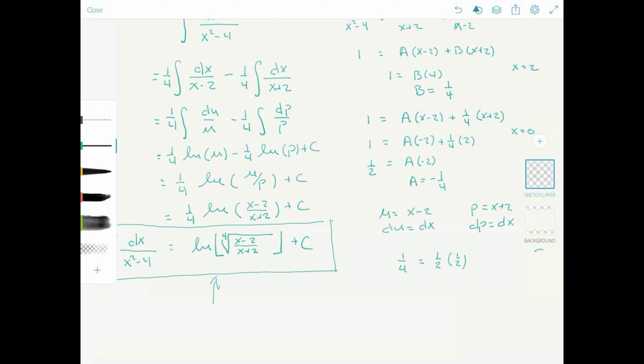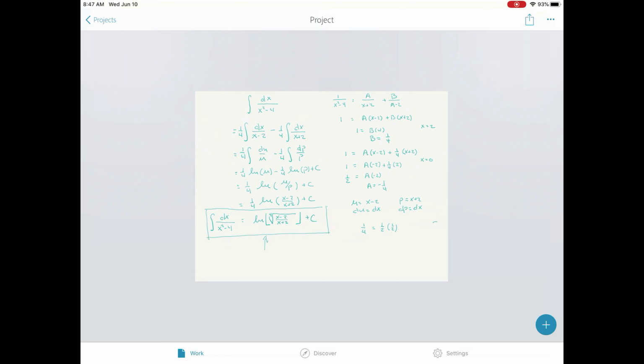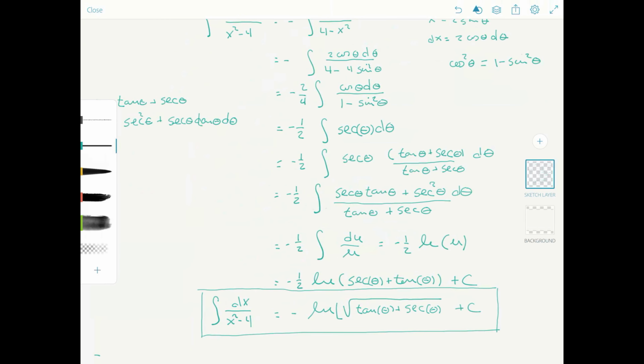So let's look at the answers. I think that was, nope, that's not the right one. I have a difficult time seeing the projects. Maybe this is it. Yep, that's it.